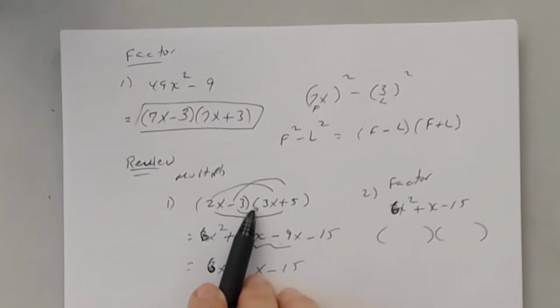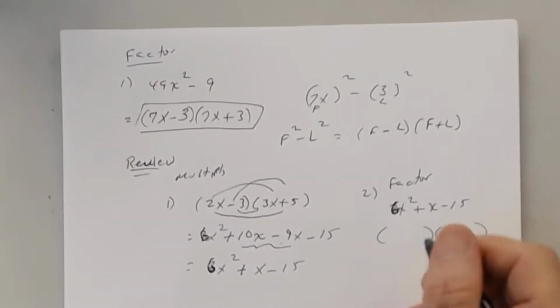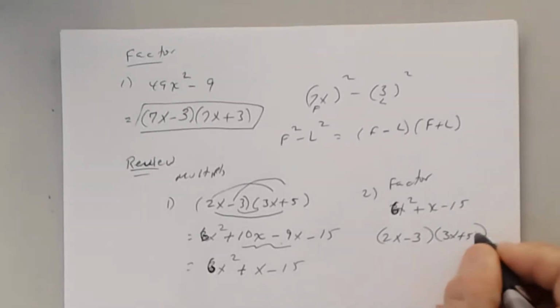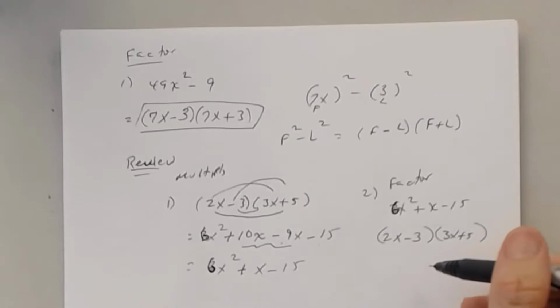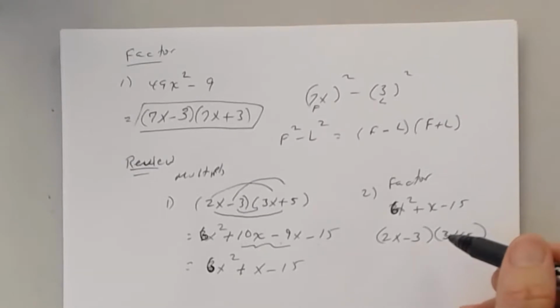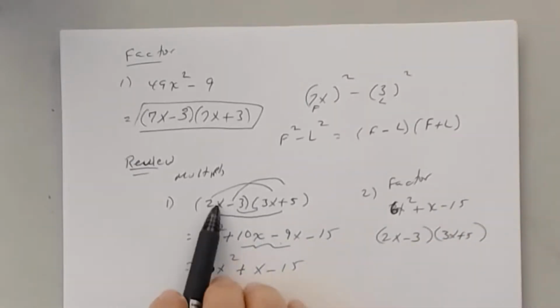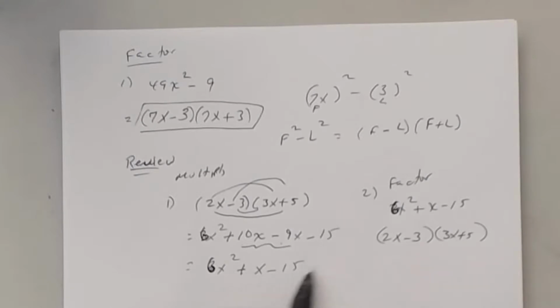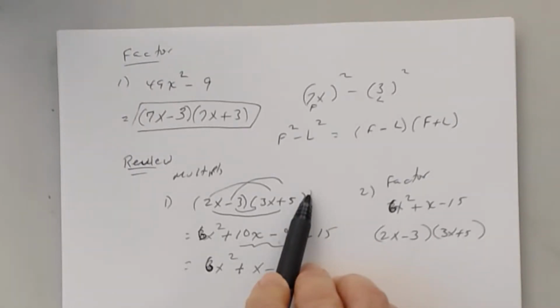Those two binomials, right? 2x minus 3 times 3x plus 5. Now, the way that you learned this was you either use trial and error or you use what method? The AC method. Okay? So in the previous course, you multiplied these and got this. In this course, you're given this, you're asked to factor, and you give this back as the answer. That's what we've been discussing.